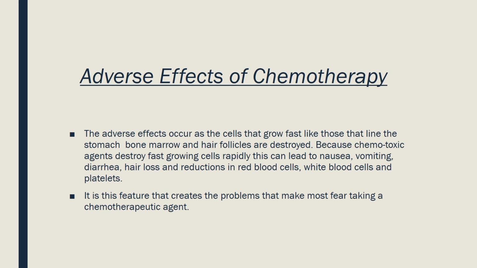When we say bone marrow, we mean the red blood cells, the white blood cells, and the platelets, and also the hair follicles, because those are your rapidly growing cells. Many other kinds of signs and symptoms can happen. Tumor lysis syndrome is another situation that can happen as well, so you need to be sure to read about that.